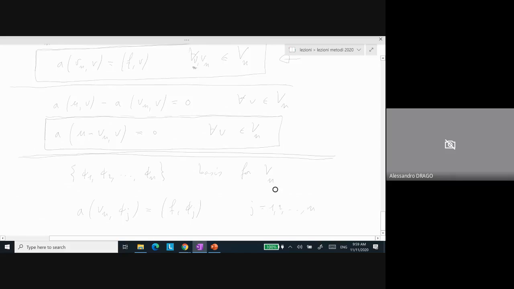So the original problem is now reformulated in this way. Find a Vn such that this equation is satisfied when I put instead of the test function each of the elements of the basis that I am considering.